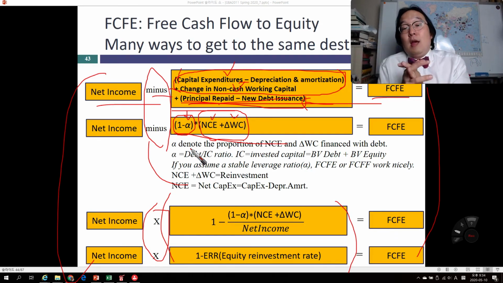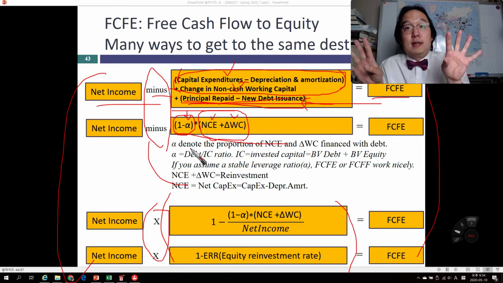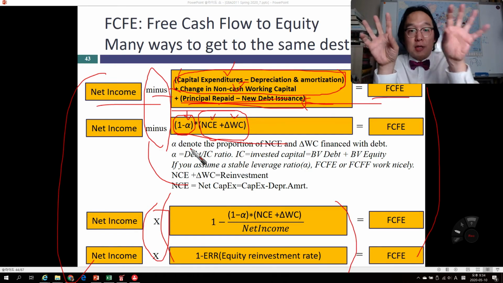For example, always 10% of the investment, we want to finance using bankers' money, and 90% of it, we're going to finance using equity holders' money. That's the split between debt holders and equity holders, right?